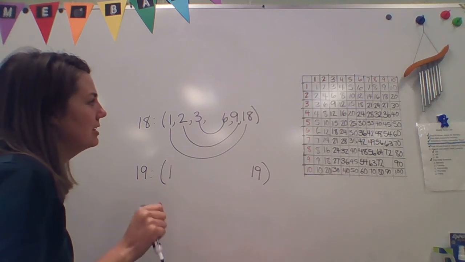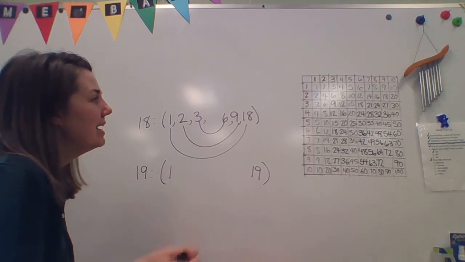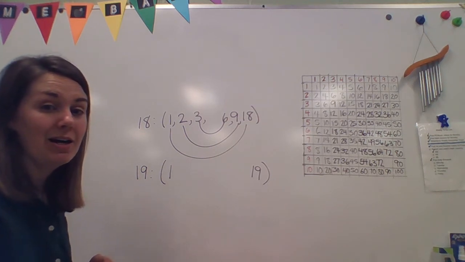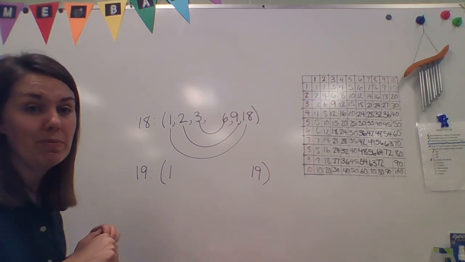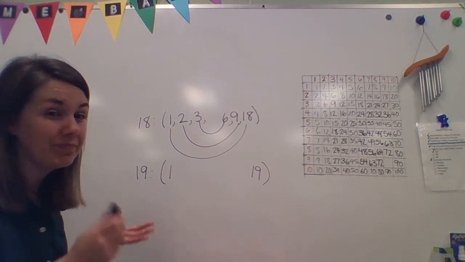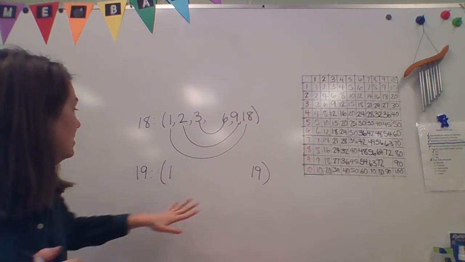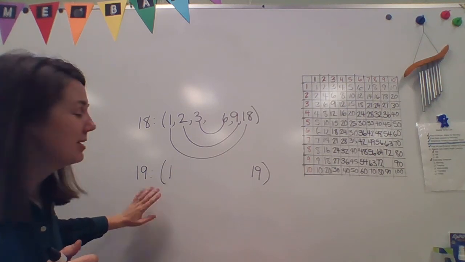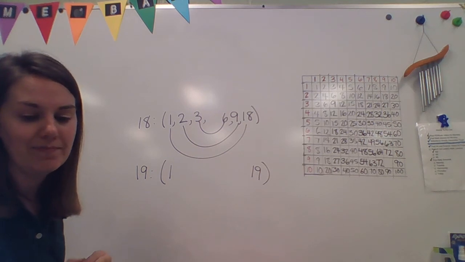Nope. 7, 14, 21. Nope. 8, 16, 24. Nope. 9, 18, 27. Nope. I'm not going to go any higher because I've already gone past the halfway point, right? If I had 10, it goes to 20, and that's too high. So I know that 19 is going to be prime because we can only come up with that one factor pair, 1 and 19.